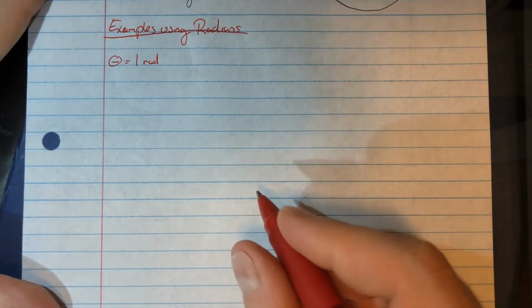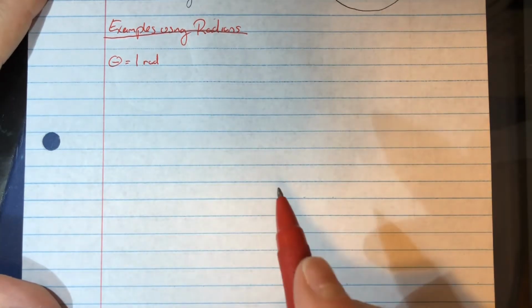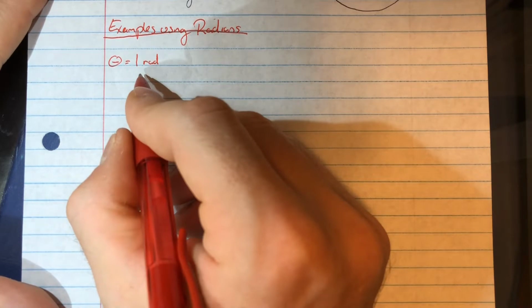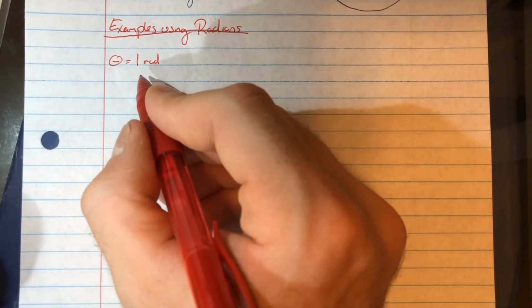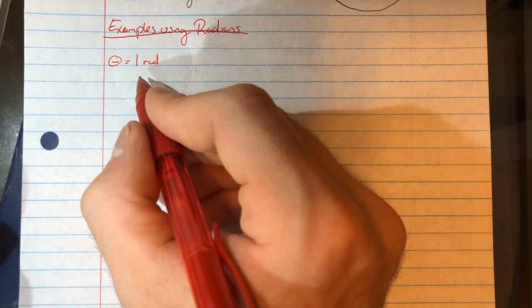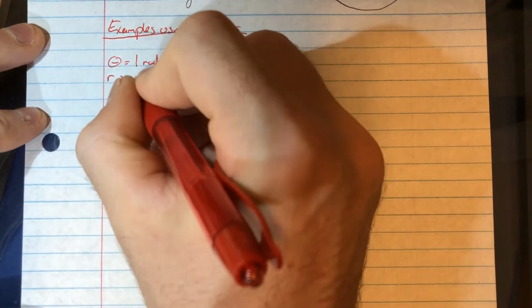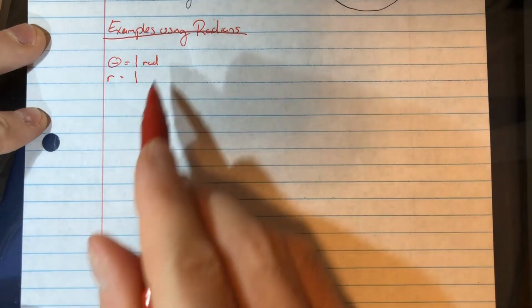Like, let's say our angle is 1 rad, or 1 radian. We're going to do some further examples using degrees, but let's get started with this. Let's say I have an angle of 1 radian, and I need a radius as well. So let's say a radius of 1. So basically we're using the unit circle for this one.